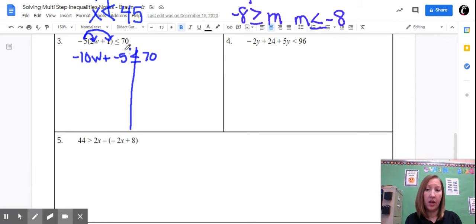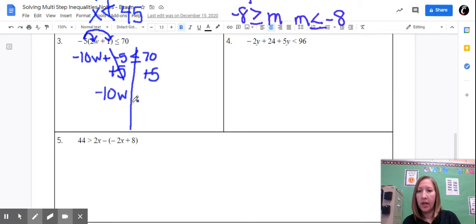Since it's plus negative 5, I could subtract negative 5, but remember, if we're subtracting a negative, it's like adding a positive, because we can do keep, change, opposite. So this is going to cancel out by adding 5 on both sides. I'm left with negative 10w on the left, and I'm left with 75 on the right.